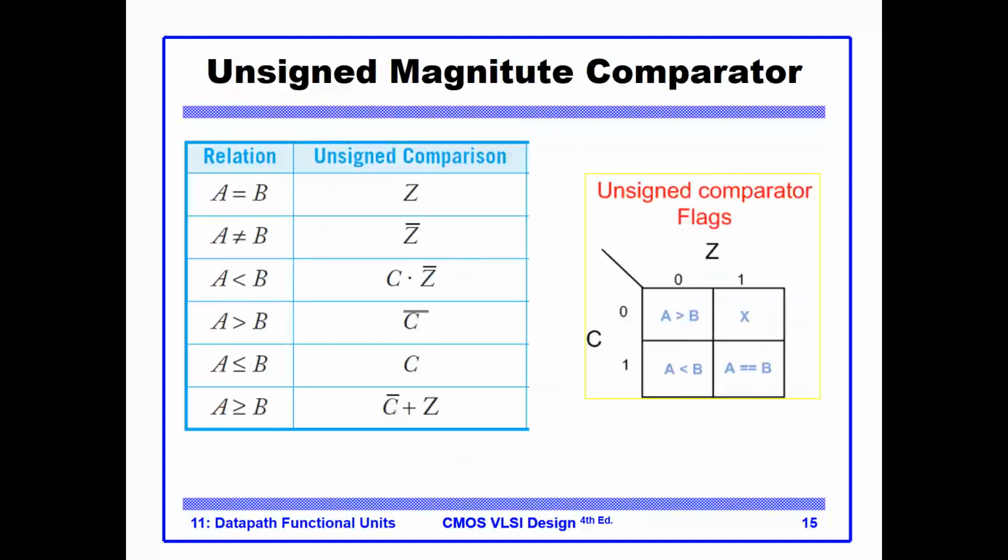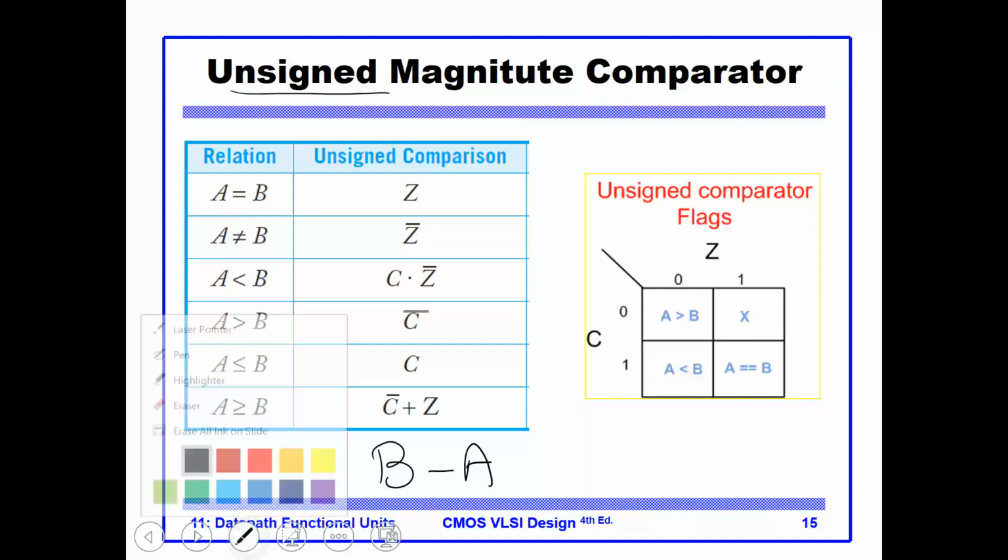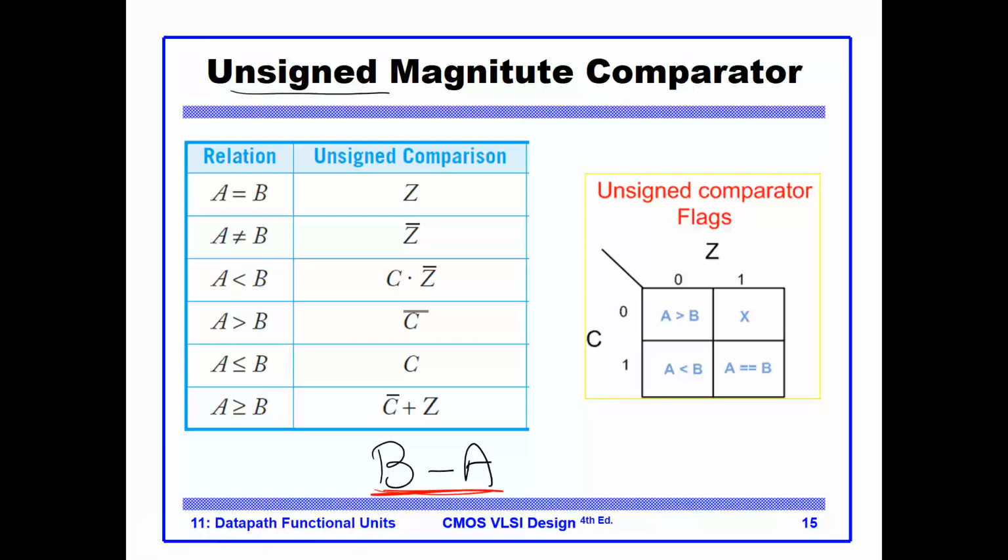In this case, we study this table, and for unsigned numbers, when we subtract b minus a and we get flags for this operation, we can use two flags, which are the carry flag and the zero flag. Now if the carry flag is 0 and the zero flag is 0, it means a is greater than b, as we saw earlier.